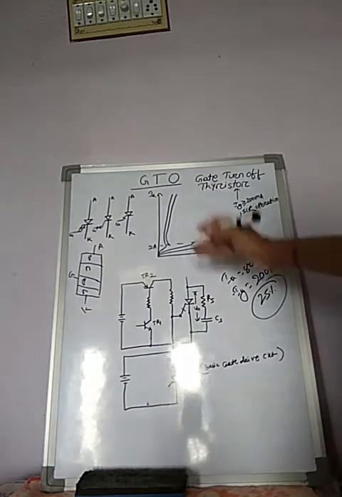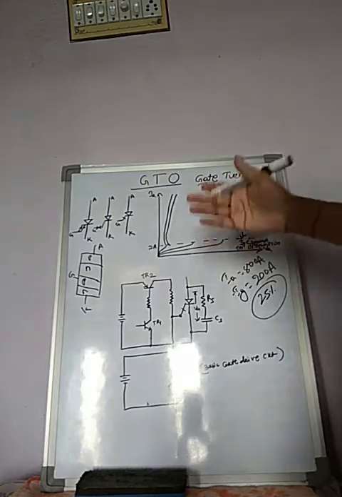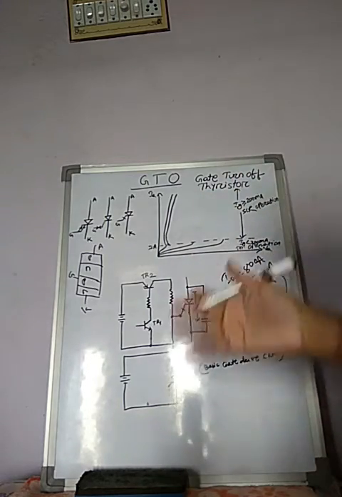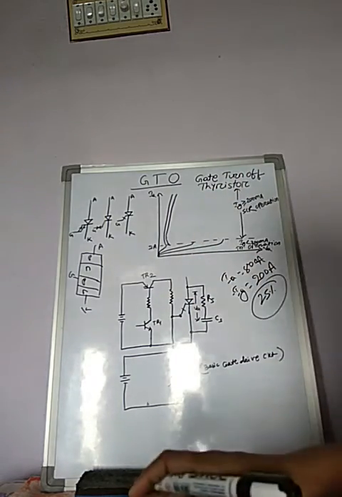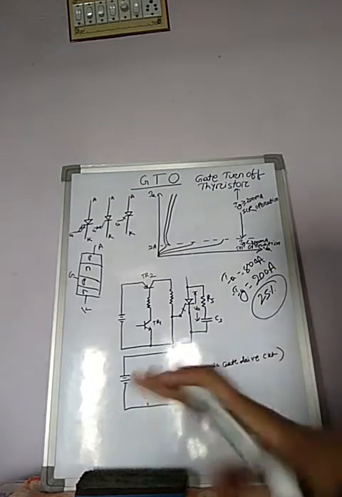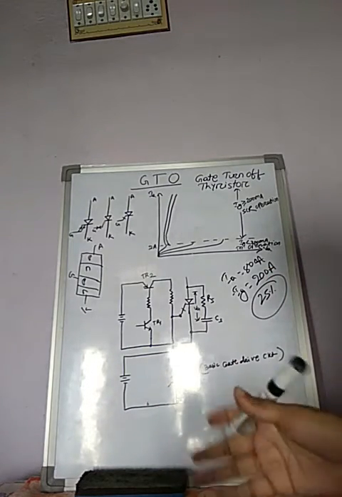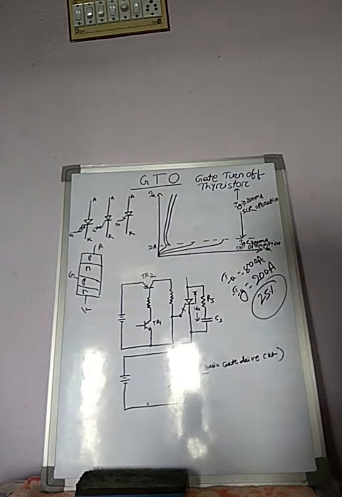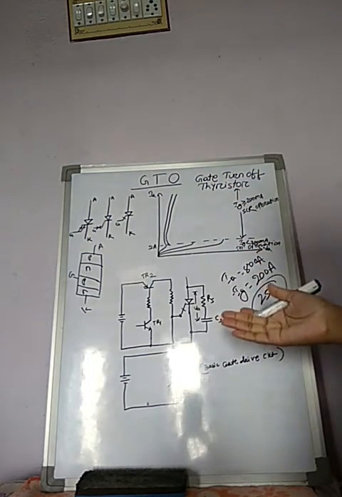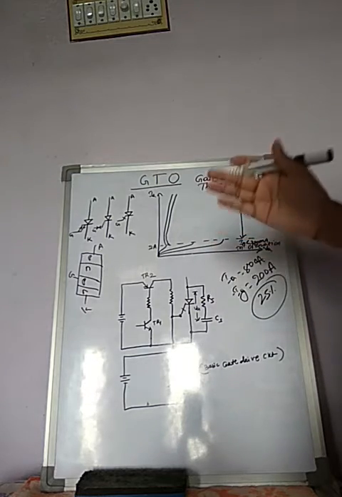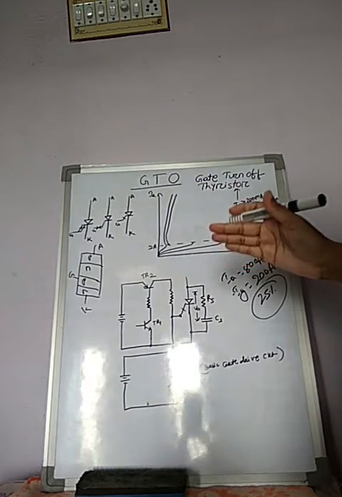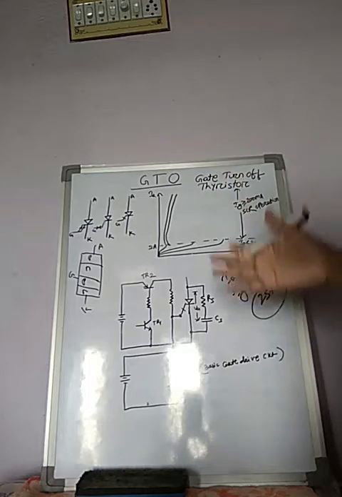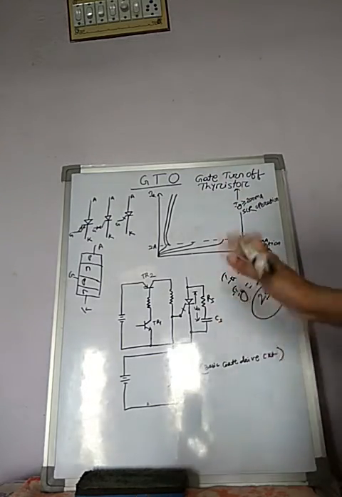that the latching current for larger power GTO is several amperes as compared to the normal conventional thyristor of the same rating. Okay, from these characteristics what you analyze is that for large power GTOs its latching current level is higher as compared to the normal SCRs.